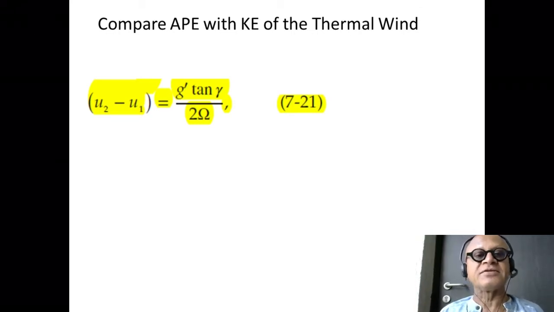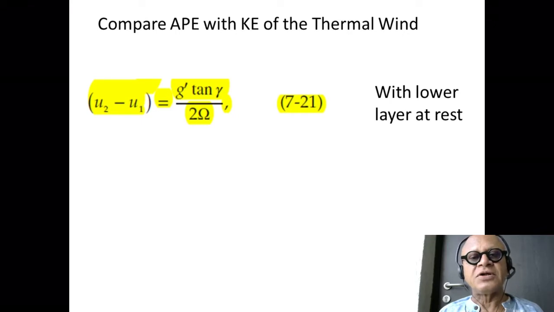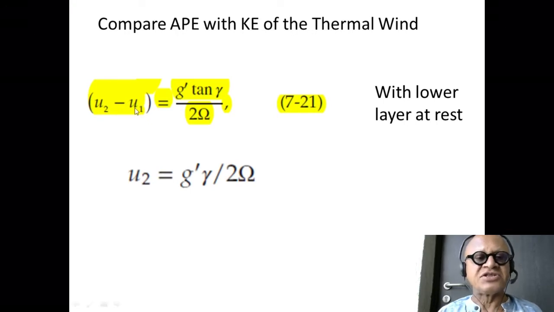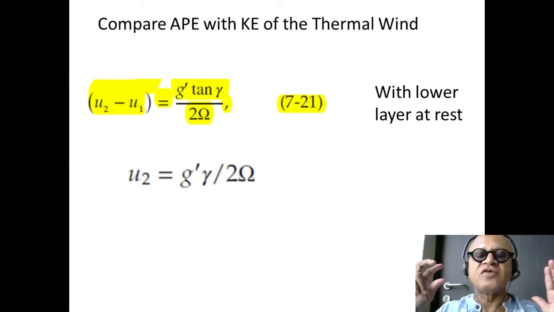So let's say for simplicity we'll assume the lower layer is at rest, so U1 is 0, just a simplification to show the concept of the ratio of APE and KE, available potential energy to kinetic energy, so that when we release some of the available potential energy, what can we expect in terms of the kinetic energy? That's all.